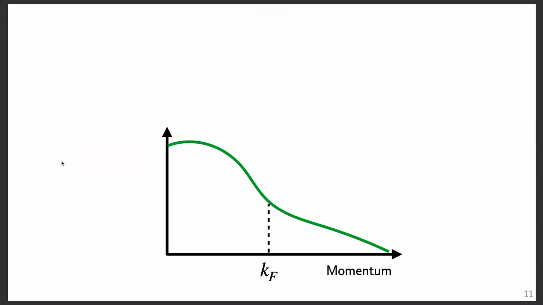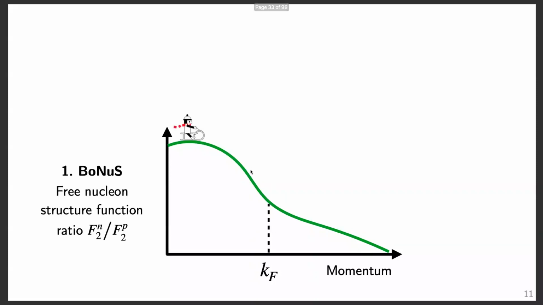So what I'm going to do is highlight a variety of tag DIS efforts, starting at the low momentum part of the wave function and moving up to the high momentum part. We're going to start with BONUS, the barely off-shell neutron structure experiment, which used tag DIS to get the free nucleon structure function ratio F2n over F2p.